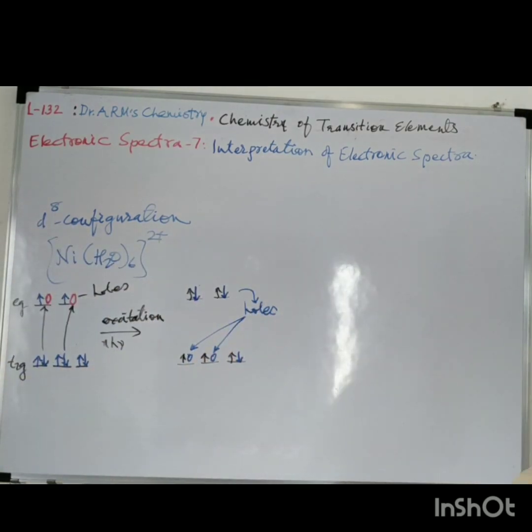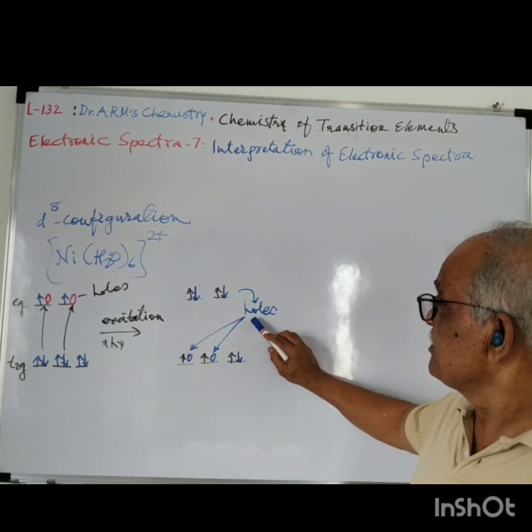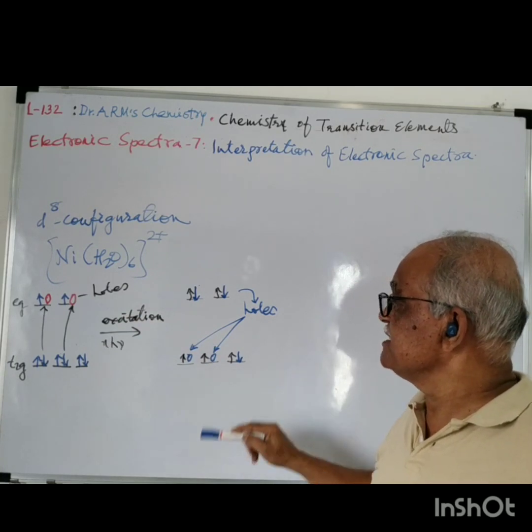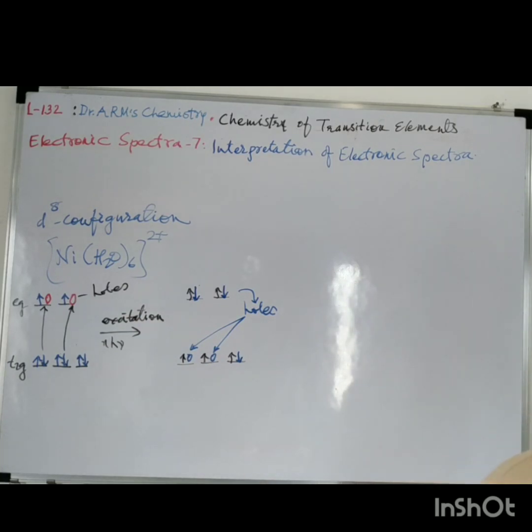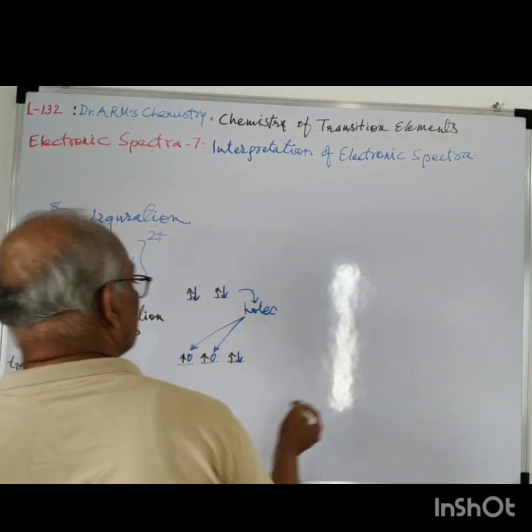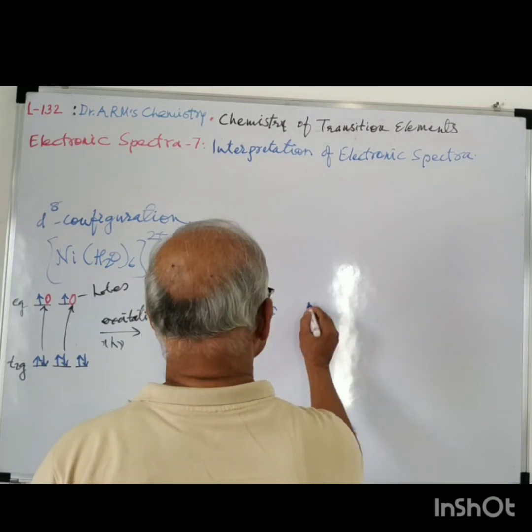So the promotion of two electrons takes place with the transfer of two holes from the Eg level to the T2g levels. Then another diagram is required here. So we will show this diagram.